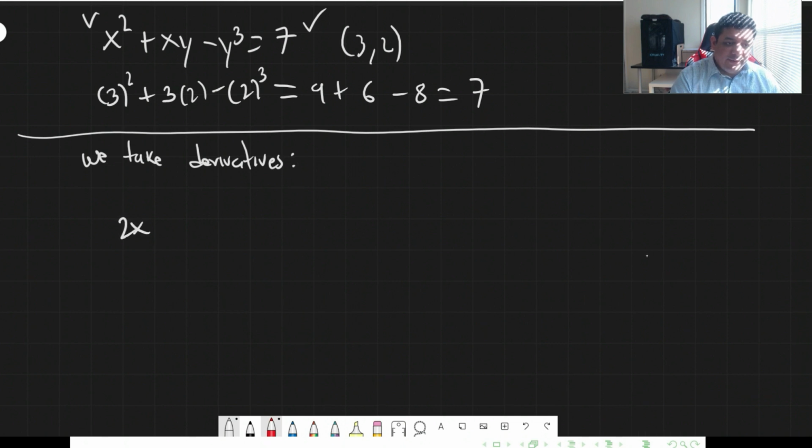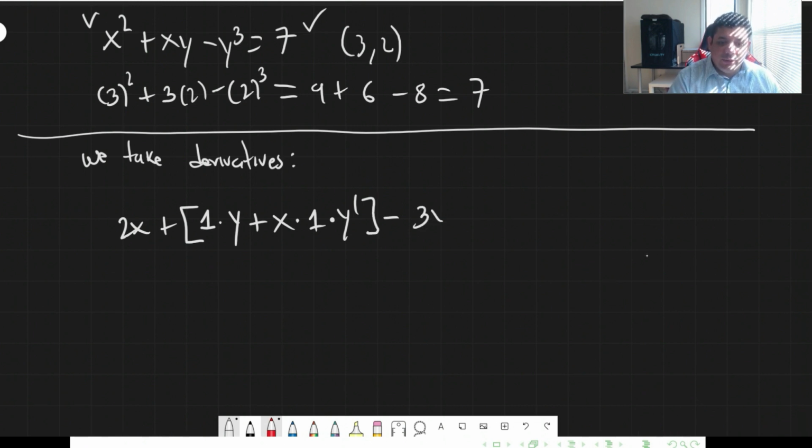The derivative of x squared is 2x. The derivative of xy is a product rule. So the derivative of x is 1 times y, plus x times 1 from the derivative of y, times y prime, because we just did a derivative in terms of y, minus 3y squared times y prime, because we took the derivative in terms of y, equals 0, because that's the derivative of 7.